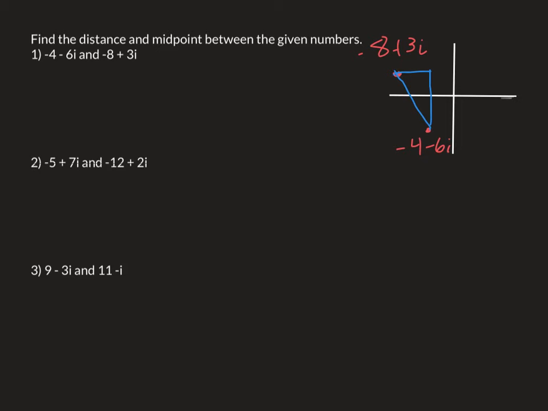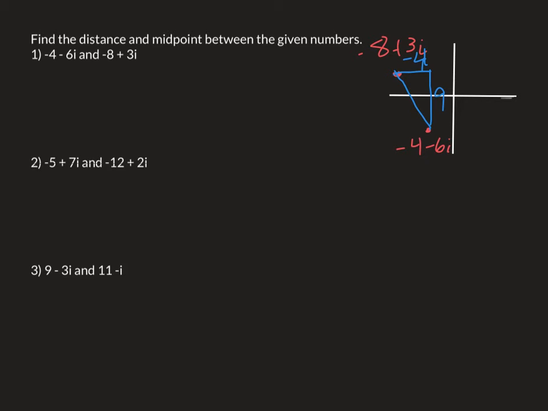So the amount that we went up, we started at a value of -6i. We went up to 3i, so we went up 9 units. While we went to the left from -4 over to -8, we went left 4 units.